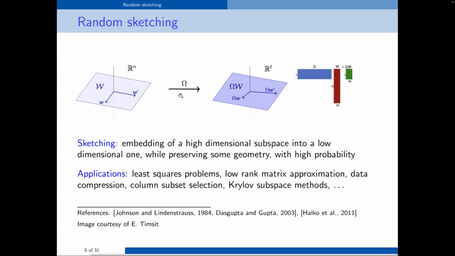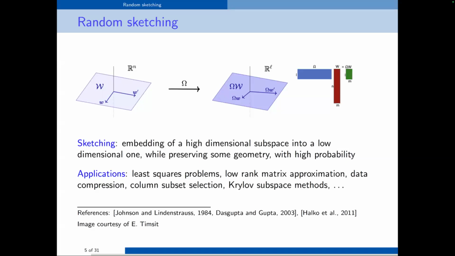So it's been used in the last 10 years or so for solving least squares problems, for computing the low rank approximation of a matrix, so SVD is replaced by the randomized SVD, for data compression, selecting a subset of columns, Krylov subspace methods, dynamical low rank approximation, and I'm sure there will be many more applications in the future that will benefit from randomization.